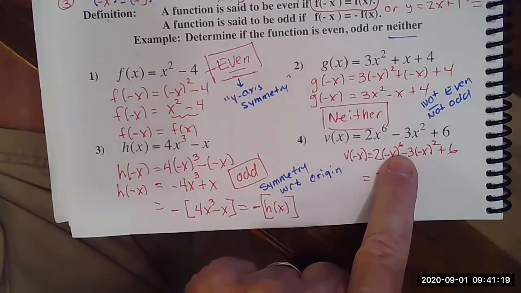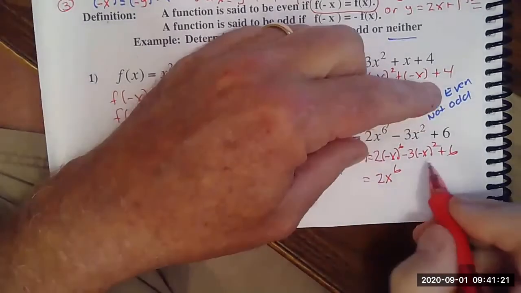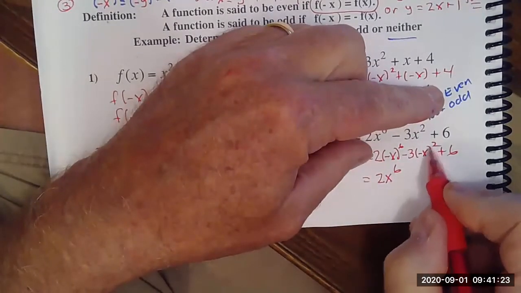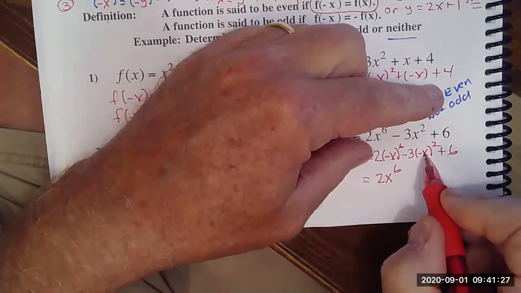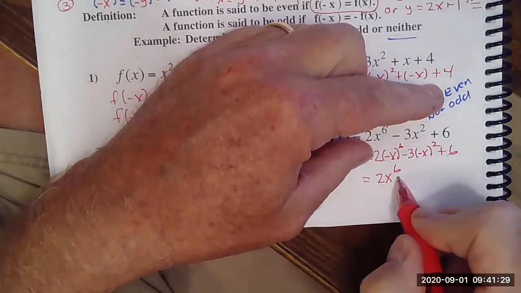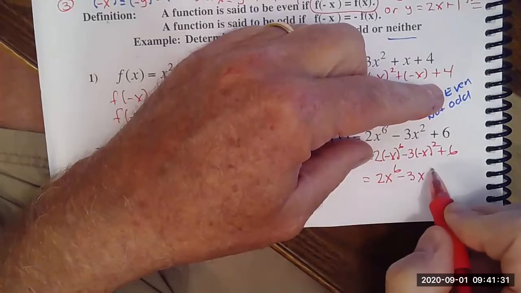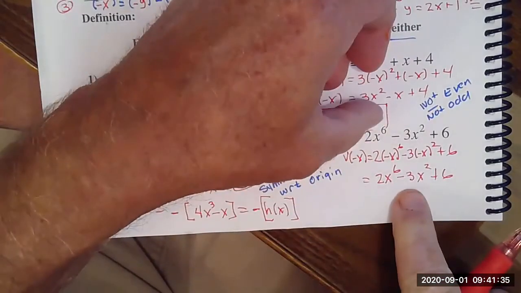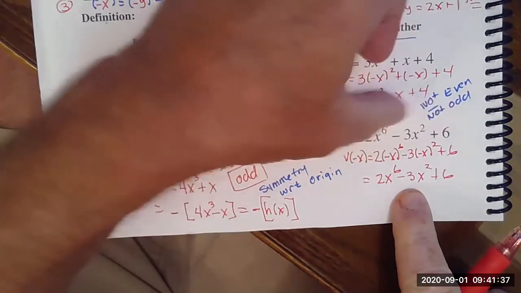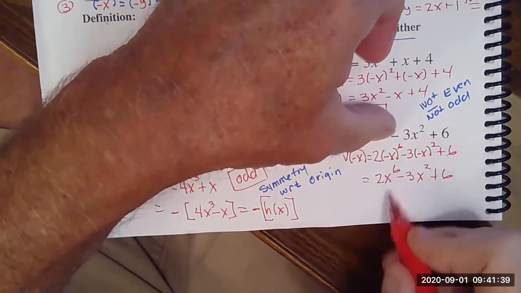So 6 negatives make a positive, even number. Over here, do this first, powers first, and then multiply. So this ends up being negative 3x squared, and then plus 6. Does this look identical to the original? And it does. So even.